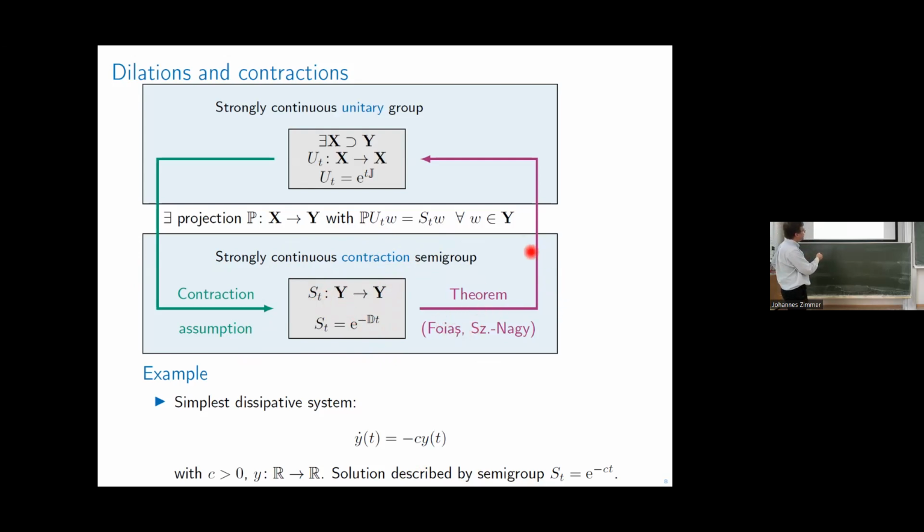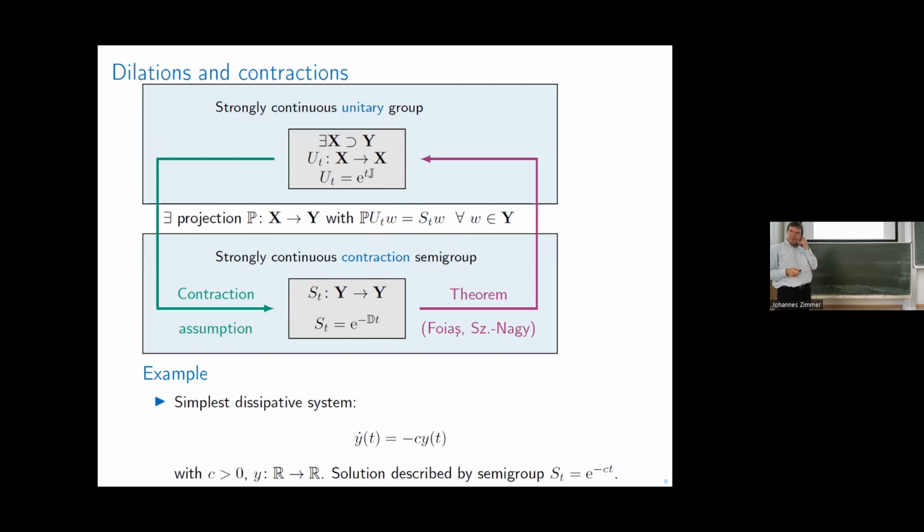The theory tells us we can always embed this into something which is unitary, living on a bigger space. The unitary group I write as e to the D there. And we want to do exactly the opposite. So we want to go from the big system, project, and land in a small system. And projection means, if I start in the small space, I evolve it with the small dissipative group, that's the same as evolving with the unitary group and then projecting.